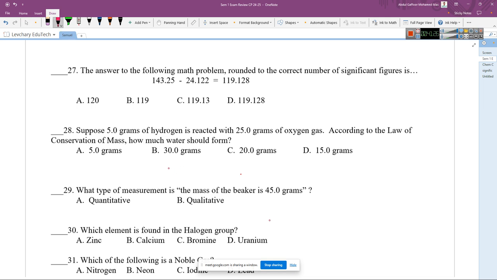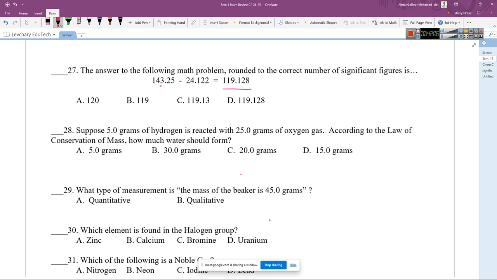Let's see. It's D, right? Let's see. So this is the answer with the correct number of significant figures.